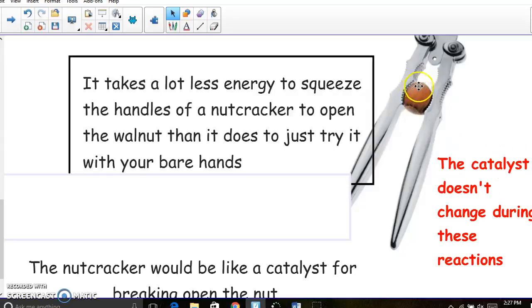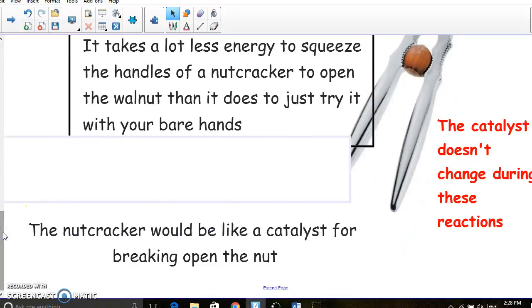So as soon as it changes one set of chemicals into another, it can go back and do it over and over again. So enzymes are kind of like a tool that make it easier for chemical reactions to happen. And since that makes them happen faster, we call them a catalyst. So enzymes are catalysts to make chemical reactions happen faster.